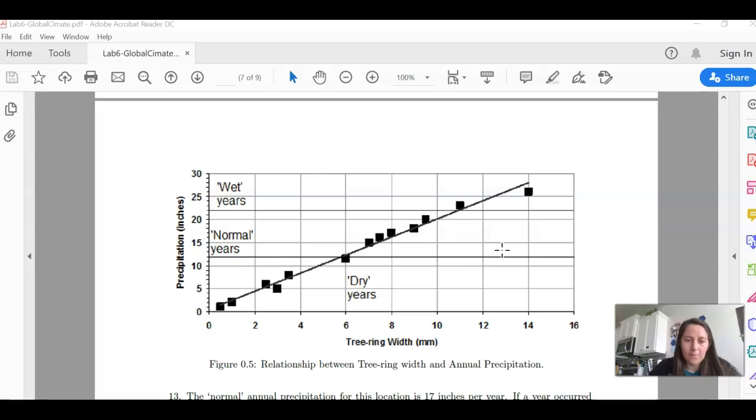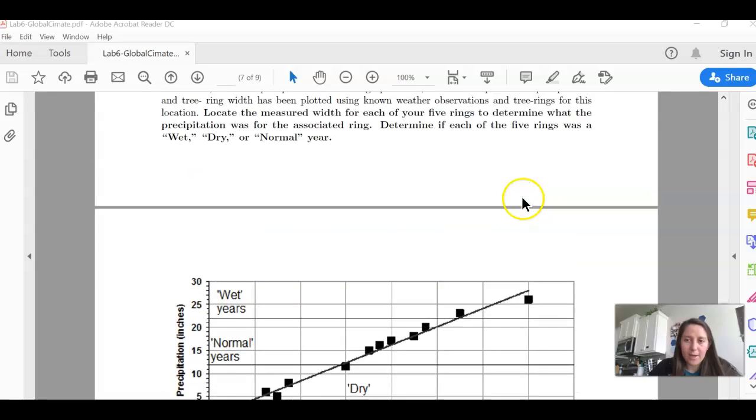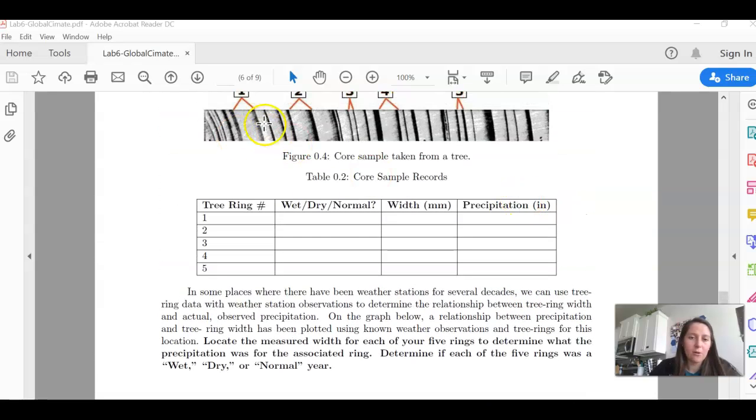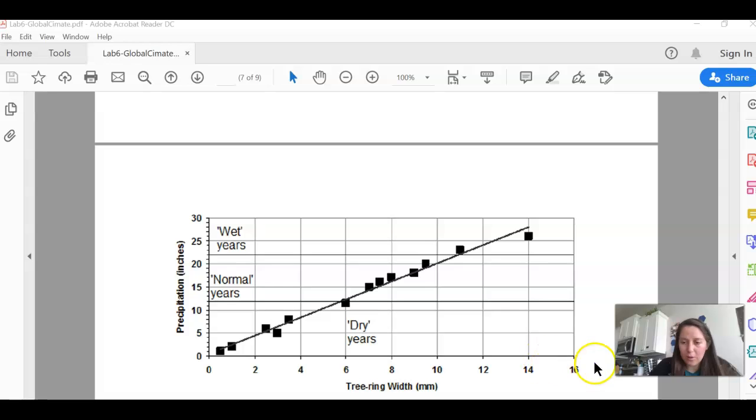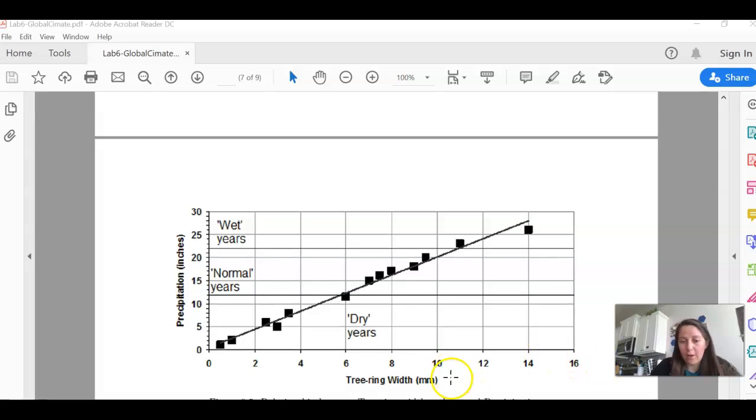So, for example, if I had said that my first ring was 20 millimeters, let's just go with that. 20 millimeters is clearly beyond what I have over here, so it's definitely in the wet years.